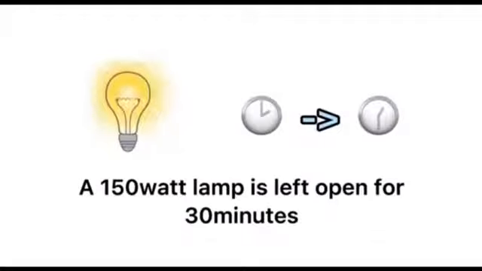Application of power in our daily life. We use a lamp every day to illuminate a dark room. One day, a waste of electricity occurred because a 150-watt lamp was left on for 30 minutes. To calculate the waste of electricity, we use the formula E equal to P times T, where E is the change in energy.